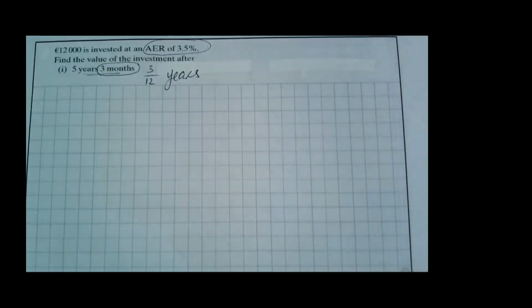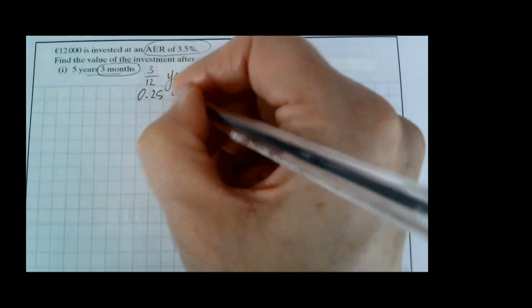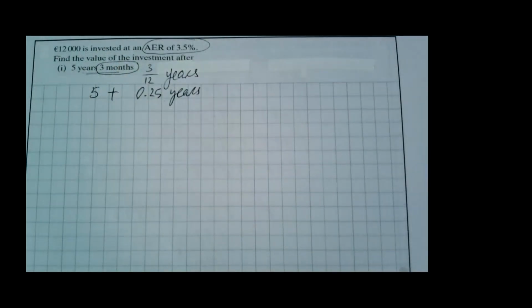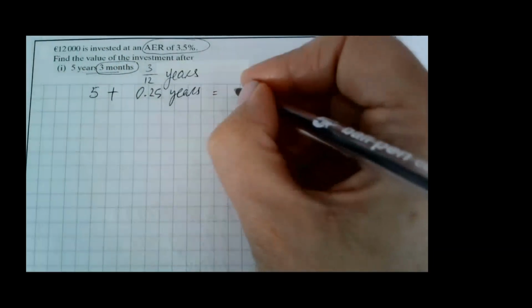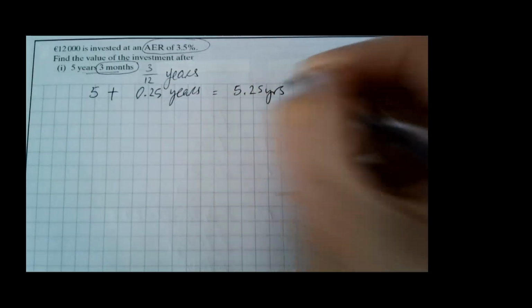So 3 divided by 12 is, of course, 0.25 years. That's what the 3 months is in decimal form in years. So if I have 5 years and 0.25 years for the 3 months, that is a total 5 years and 3 months is 5.25 years altogether.